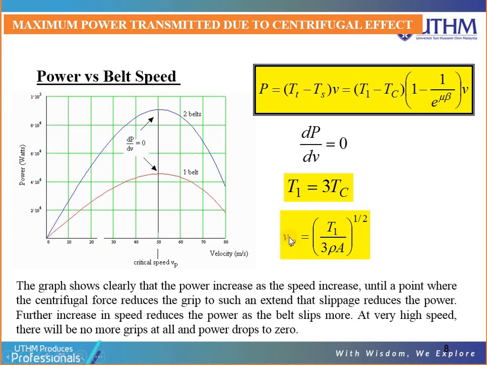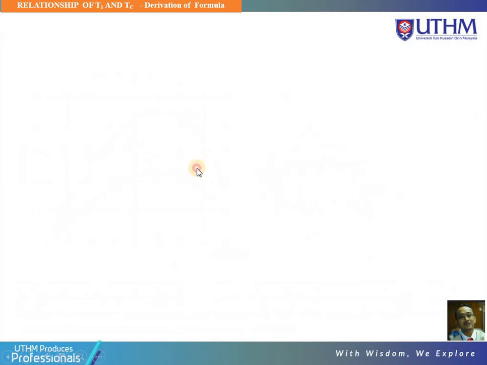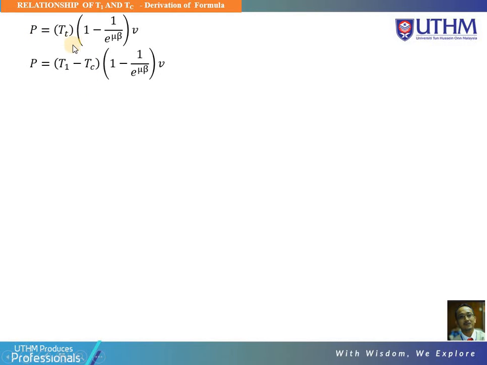where we can actually derive the critical speed of the belt, knowing the density and cross-sectional area of the belt, also the maximum tension allowable in the belt system. Let's see how to derive this equation, T1 equal to 3 Tc. This is from the previous equation of the power, and this one is considering the centrifugal effect.